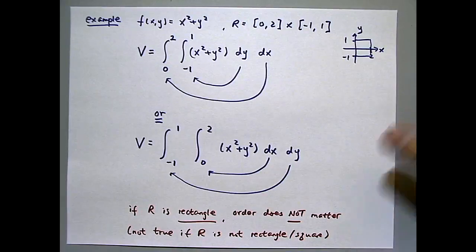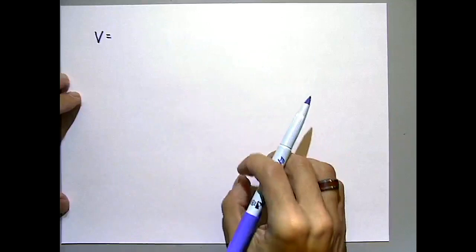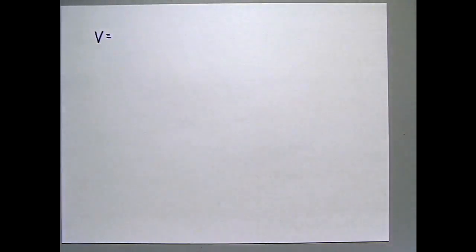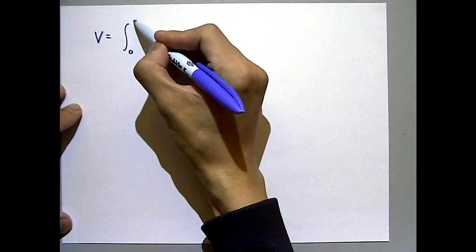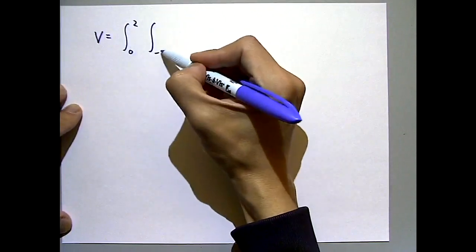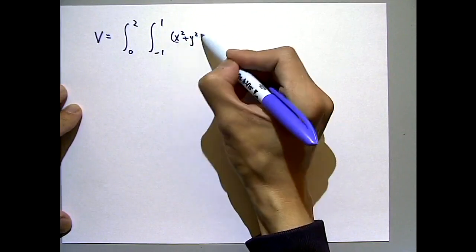Okay, so let me carry out the process for you on one of these, and you get the idea. This is a very, very simple idea. Very simple process. Let's take the top one here. The outer is 0 to 2. The inner one is -1 to 1. We're integrating x squared plus y squared.